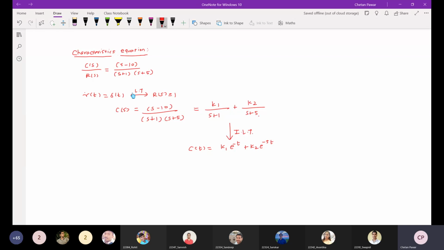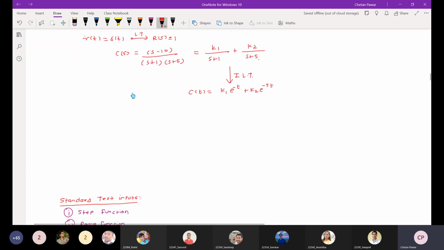Okay, so if you see here the output response, if I just draw it, k1 into e raised to minus t plus the other term.